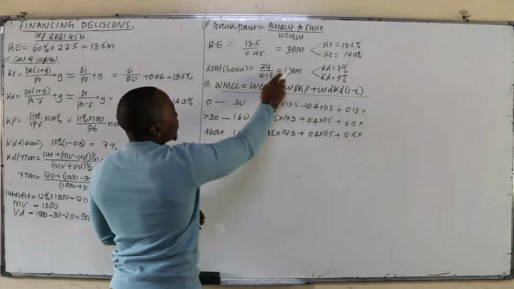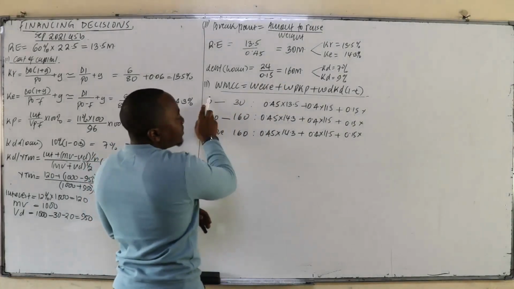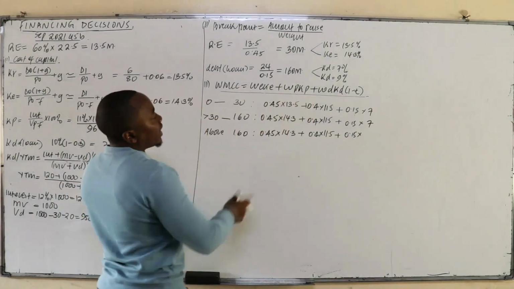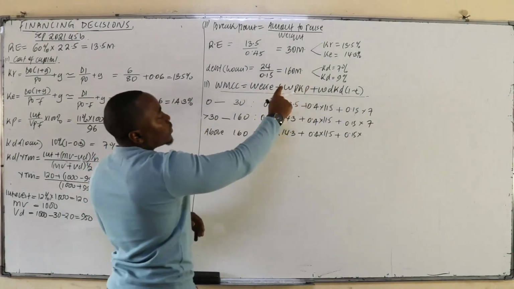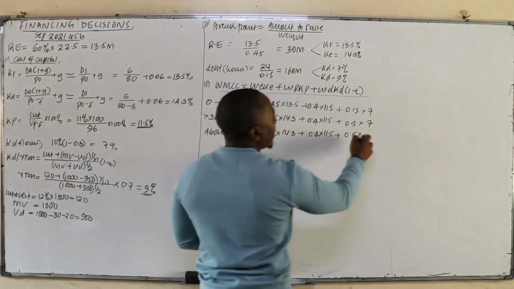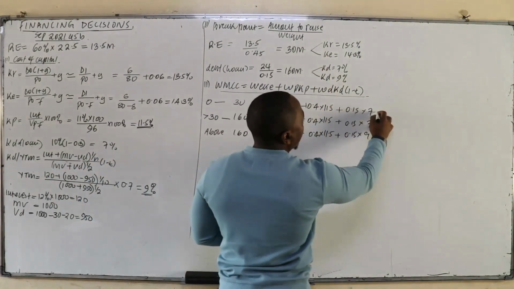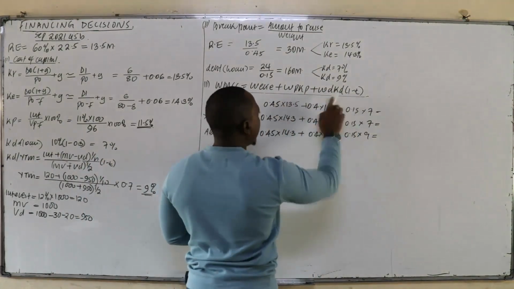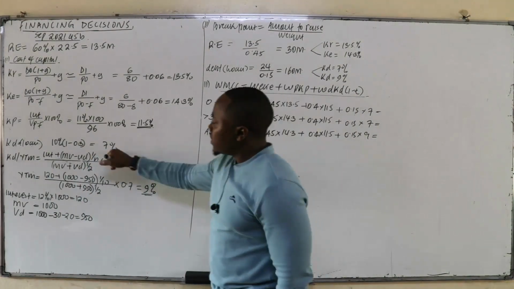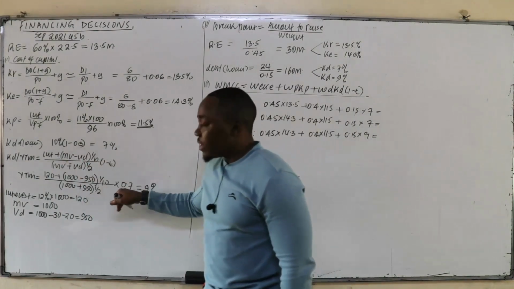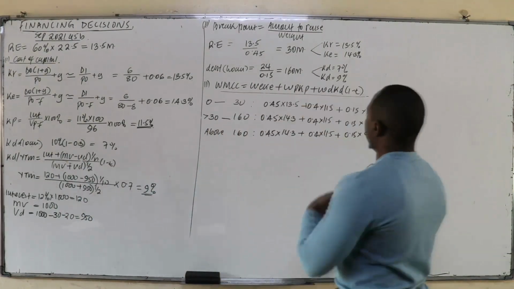Between 0 to 160, we use 7. Anything above 160, that's when you go to the expensive one, which is at 9%. Then there is 1 minus T. So in this case, you don't factor 1 minus T, because the 7% was already net of tax. Also, this 9% was already net of tax. So give me that.